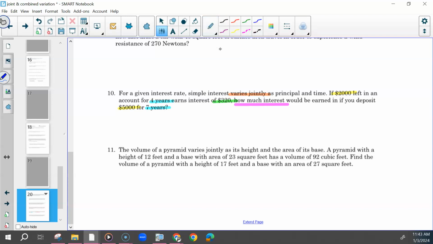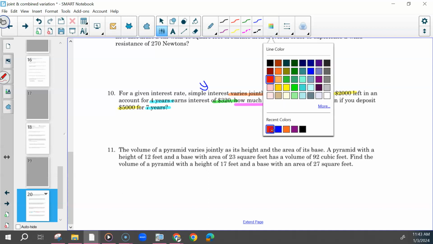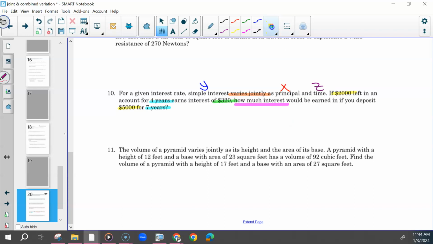Alright, so whatever comes before "varies jointly," we're going to call that the interest, y. And then the two things after, x and z. So principal, x, time, z, but it doesn't matter. You could switch those.